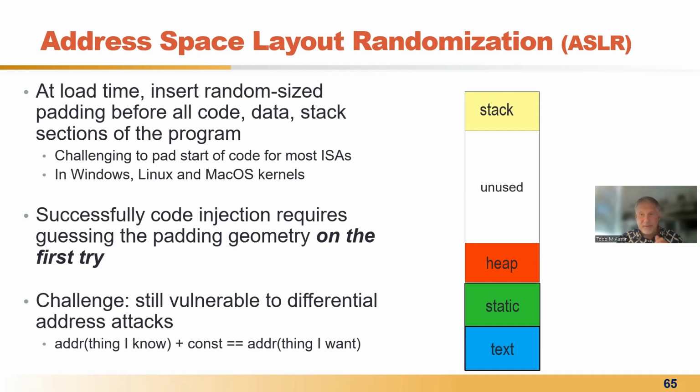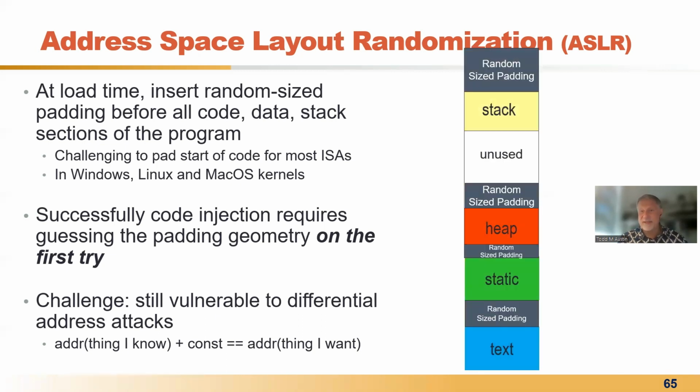So every time you run your program, every time you reboot your system, every time a request is made that initiates this program, the program gets a random orientation in memory. The way we do that is by adding padding at the start of these various sections. We've got padding before the global variables, we've got padding before the heap location, and we've got padding on where the stack starts in memory.